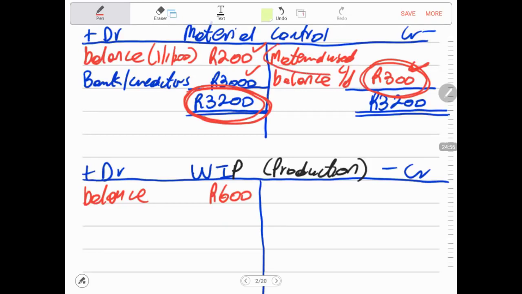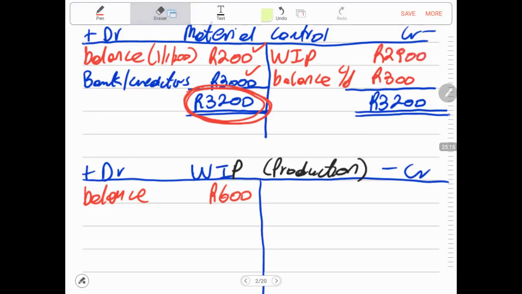Therefore, this is what we call material used. But here we don't write material used, because we know that in the ledger account, the contra entry will be work in process, because this material is issued into the production department. So now meaning material that was worth 2,900 must have been issued into the production department.